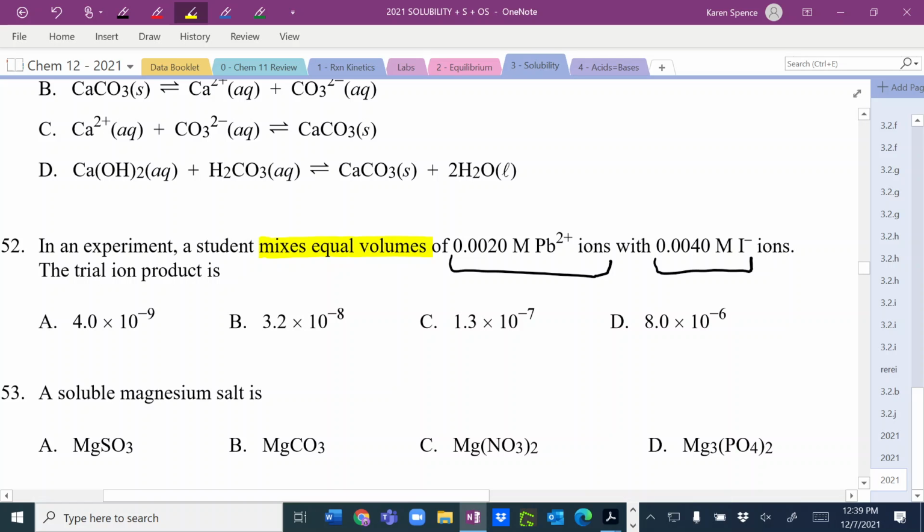So when we mix equal volumes, the concentration divides by 2. Because we're doubling the volume, the concentration gets halved. So this is going to become 0.001 molar lead, and this is going to become 0.002 molar iodide.